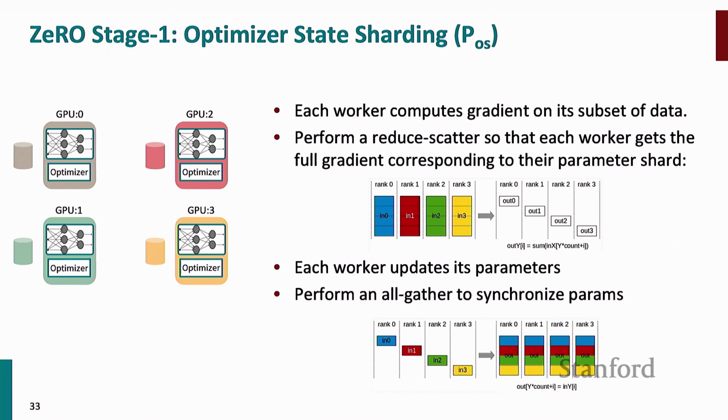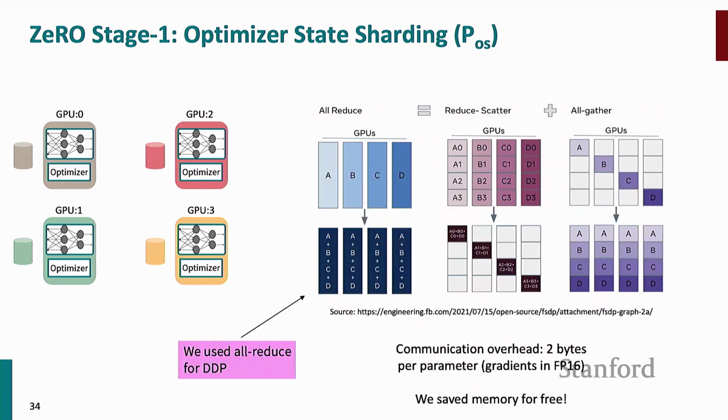Okay, so let's keep going. So far we have looked at 3 MPI operations. We looked at all gather, we looked at reduce scatter, and we looked at all reduce, okay? So it turns out that all reduce is actually equivalent to running a reduce scatter followed by an all gather operation. And just recall that for DDP, all we had to do was this all reduce operation, and we computed what's the communication overhead of that.